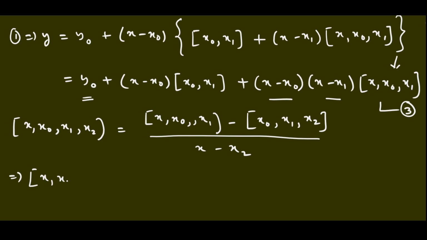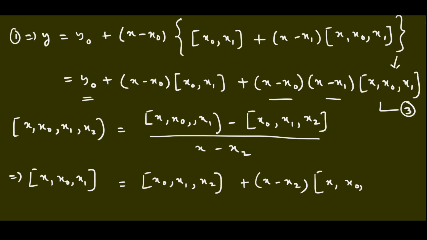x naught x1 equals x naught x1 x2 plus x minus x2, then x naught, x1, x2. Now if you observe it carefully, suppose this is equation 4, the left hand side of equation 4 is exactly the same as the last term of equation 3. So in the same process, we'll put this particular value in equation number 3.